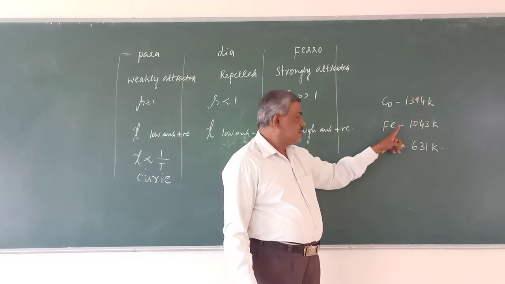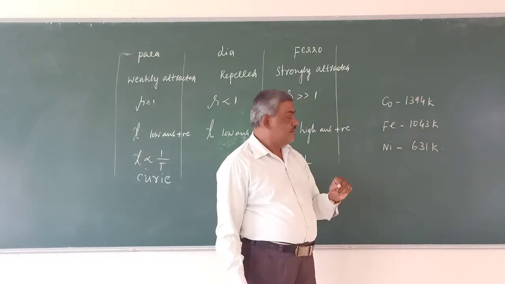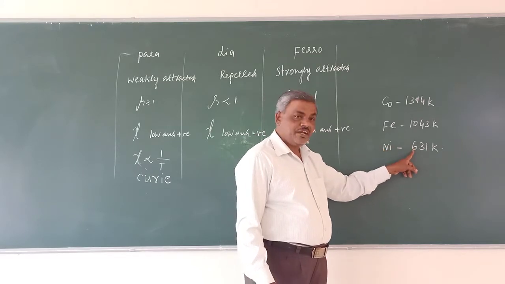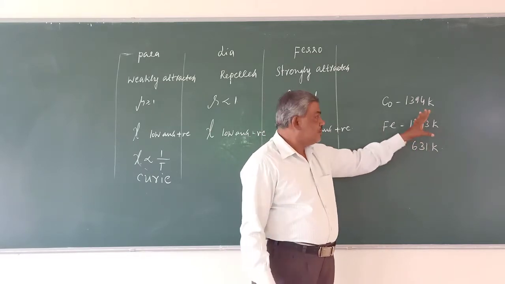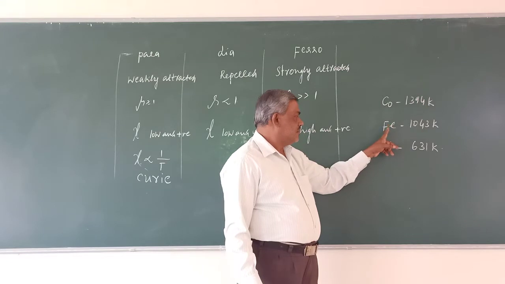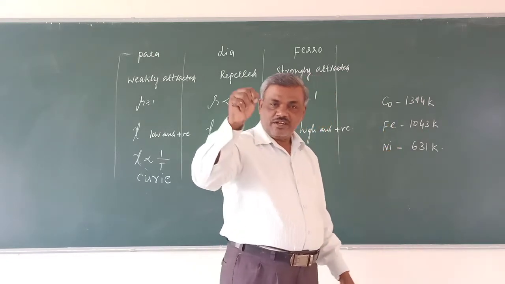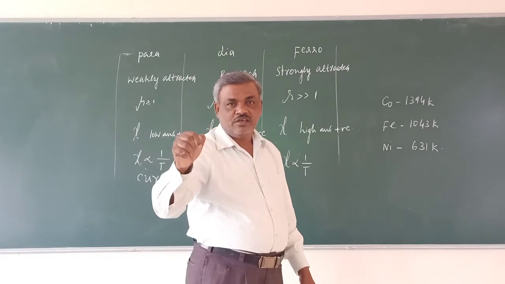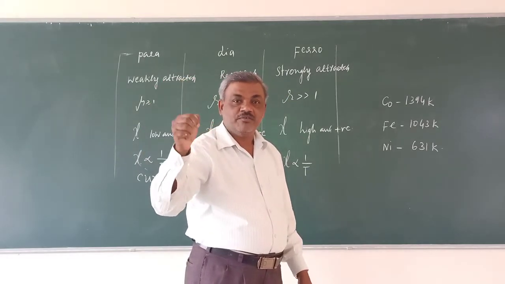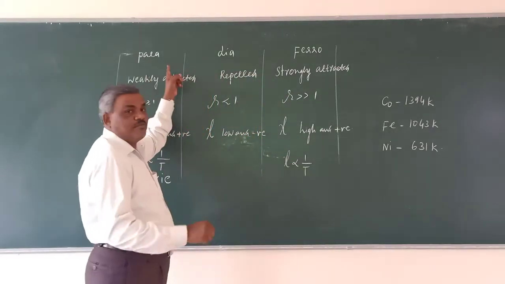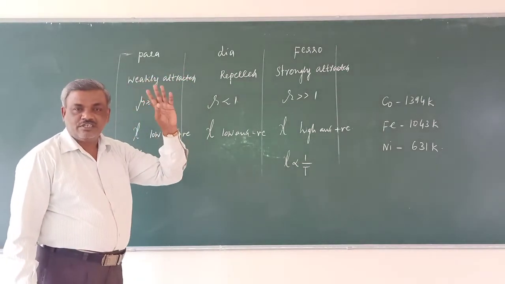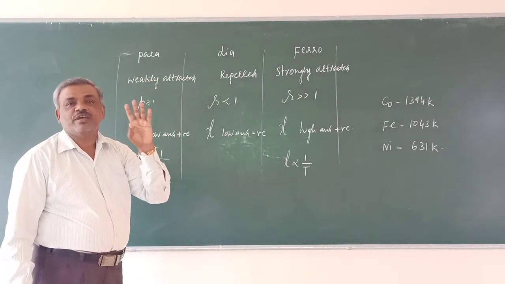Iron is 1043 Kelvin and nickel is 631 Kelvin. These are the Curie temperatures for cobalt, iron and nickel. What is the Curie temperature? The temperature at which a ferromagnetic material becomes a paramagnetic material.